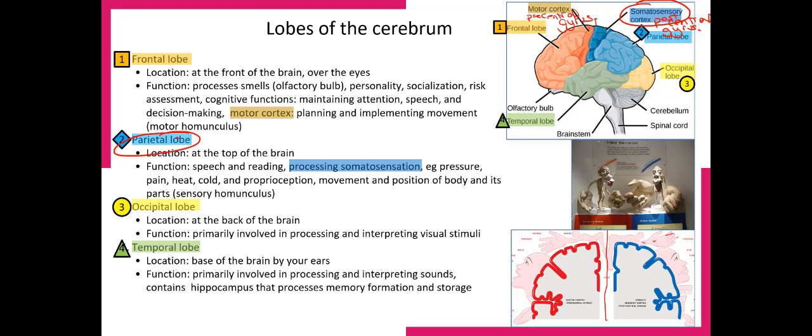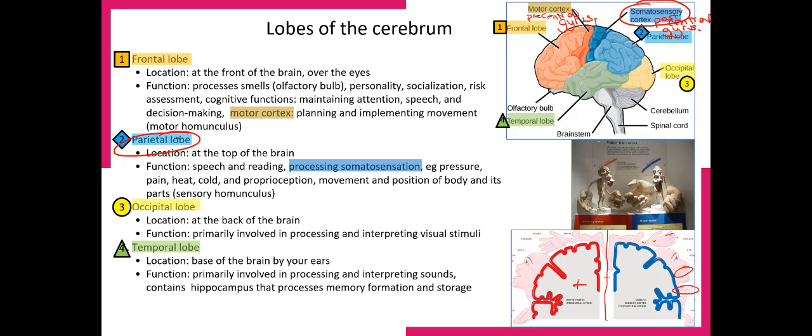So the bigger the body part, the more sensitive it is to receiving sensory information. You can see the fingers are fairly sensitive, the lips are very sensitive, the teeth also very sensitive, and so on and so forth.